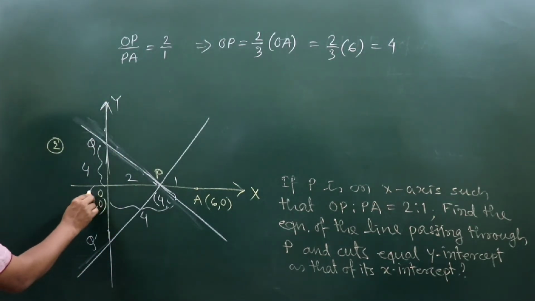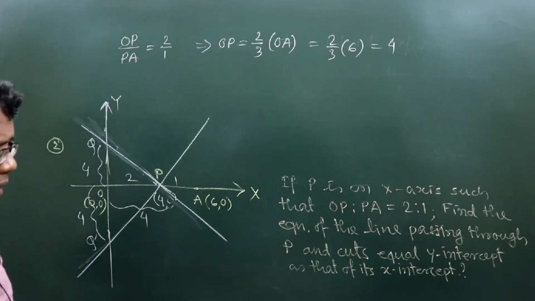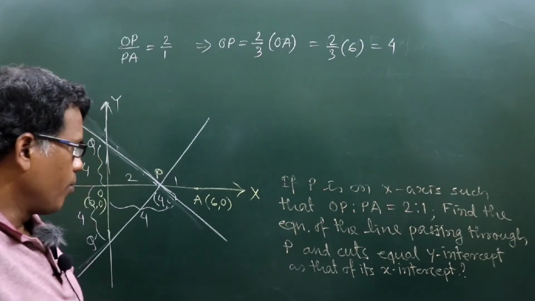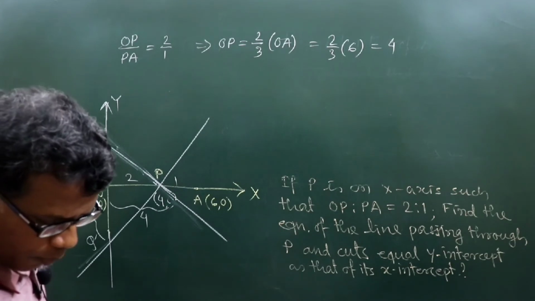In both cases, the y-intercept length will be equal, right? So we have got the y-intercept value, and then we have to confirm the slope of the line.